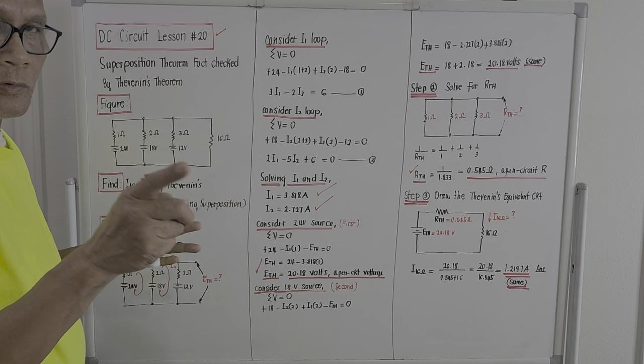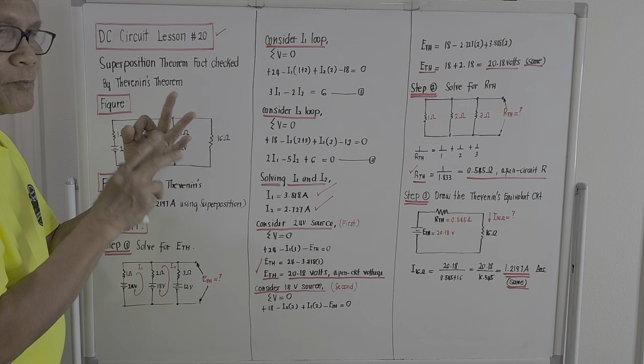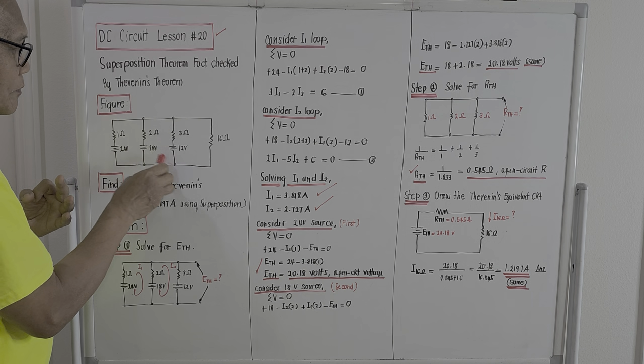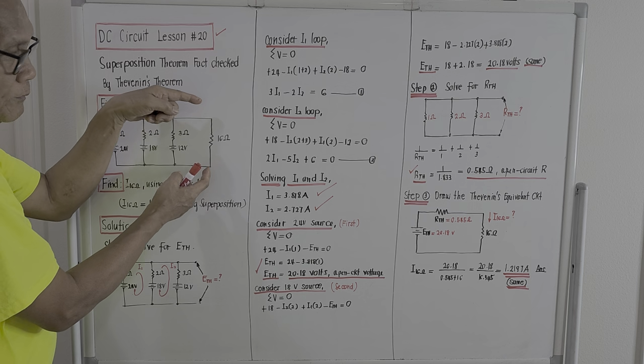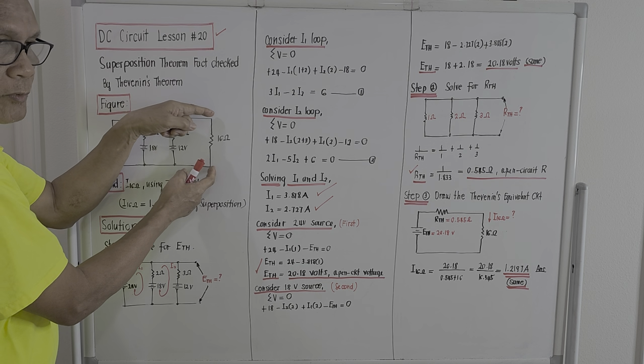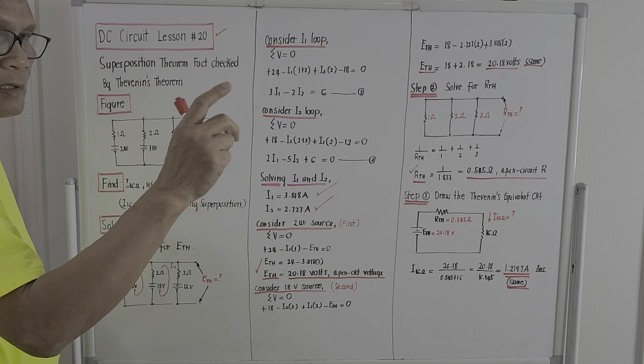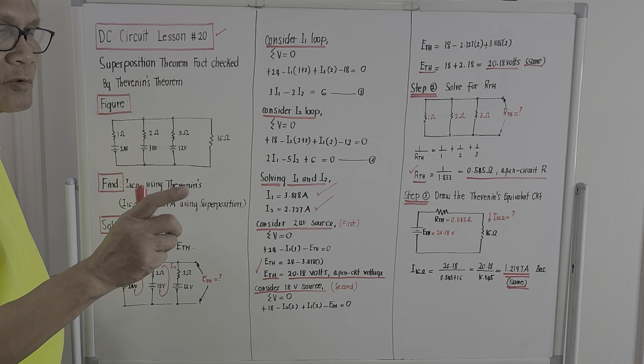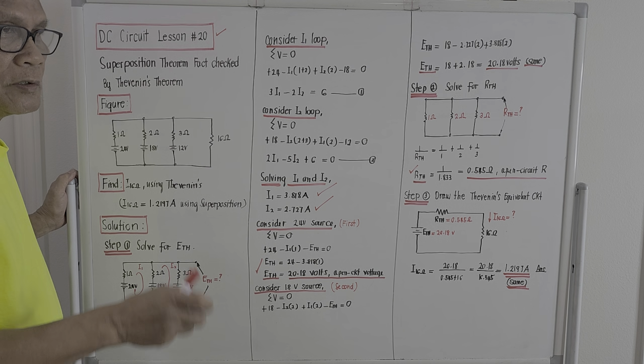Lesson number 19, if you would go back to it, comprises 3 voltage sources which are connected in parallel to a 16 ohm load. In lesson number 19, I presented the solution of that one by using the so-called superposition theorem.